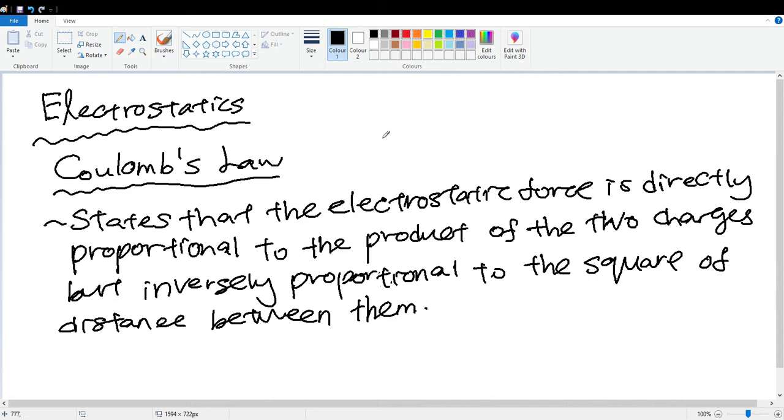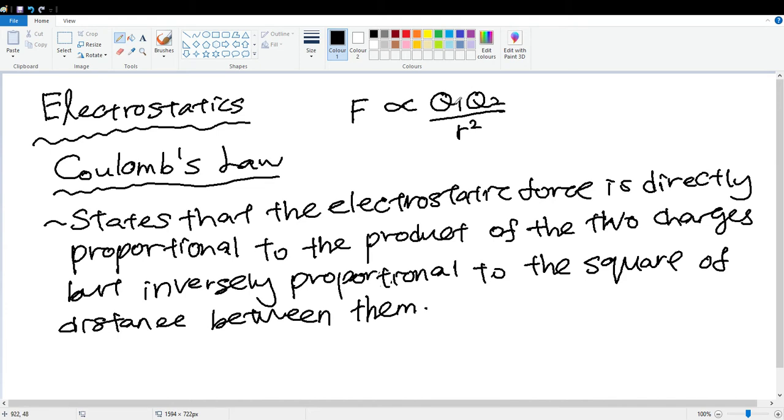In terms of formula, the electrostatic force is directly proportional to the product of the two charges, which we denote as Q1 Q2, and inversely proportional to the square of the distance between them, which is R squared.